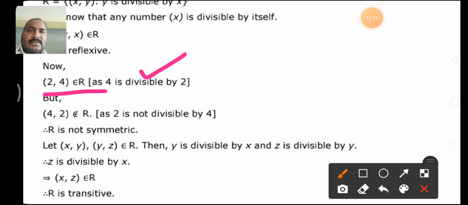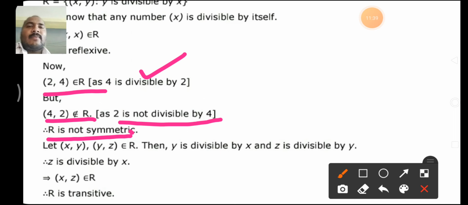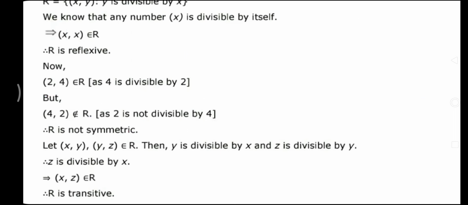But (4,2) does not belong to R, as 2 is not divisible by 4. 4 is divisible by 2, but 2 is not divisible by 4. Because of this, R is not symmetric.